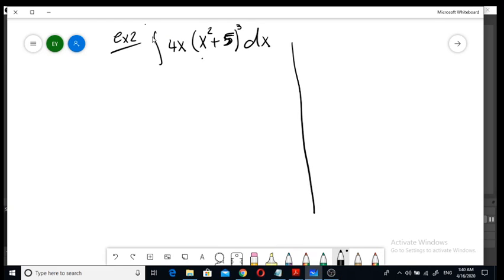Again we have a product of two functions, and as we have studied before, we don't have a product rule in integration. We cannot distribute the integral to be the integral of 4x times the integral of x squared plus 5 whole cubed. This is totally wrong. So we have to apply the substitution method.